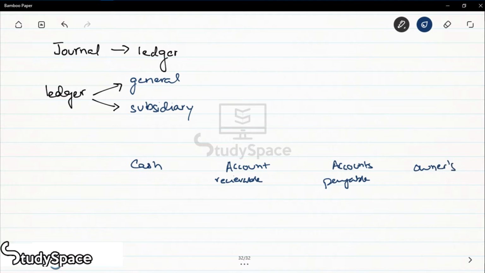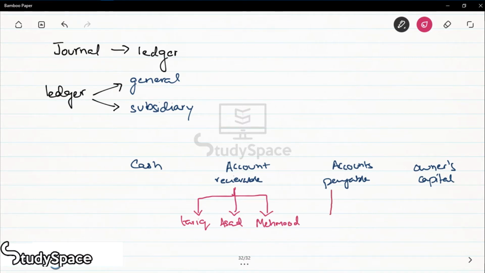So let's say these are our 4 ledgers for now. And let's say this business has receivables from 3 particular individuals: Tariq, Asad, and Mahmood.